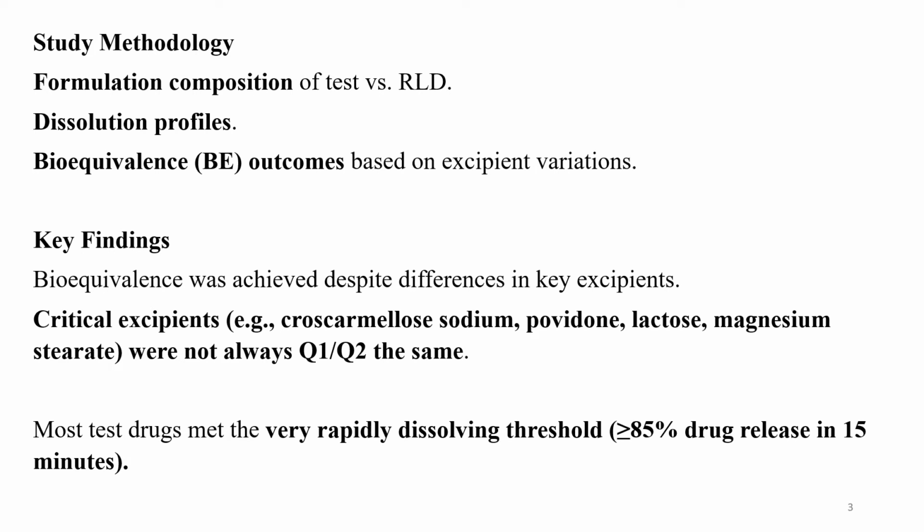So even though the grade is not matching, there are still high chances that bioequivalence can be achieved. Critical excipients like croscarmellose sodium, crospovidone, povidone, lactose, and magnesium stearate cannot always be Q1, Q2 as per the RLD.